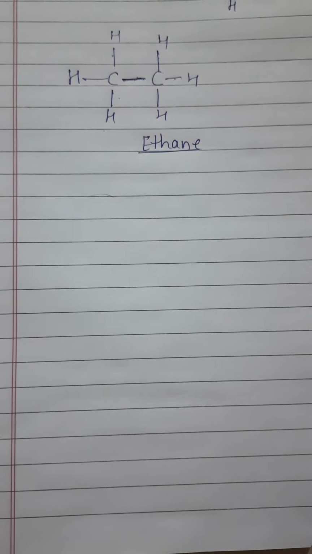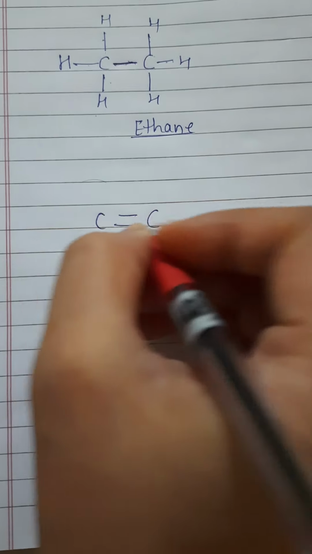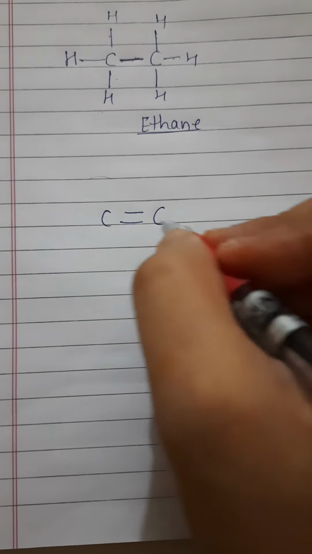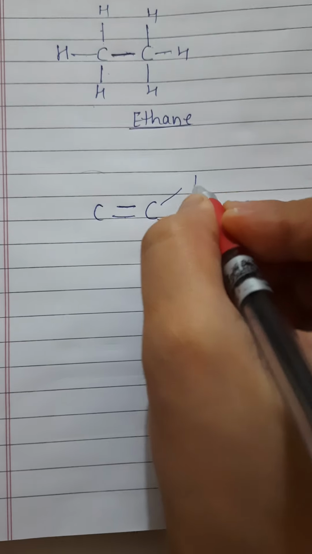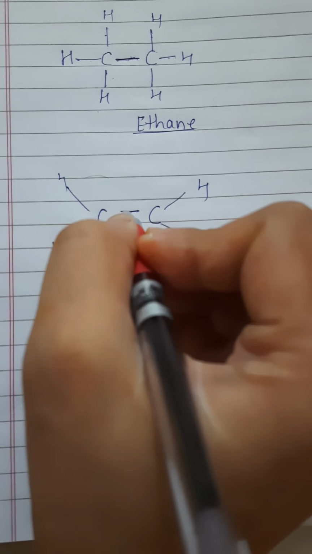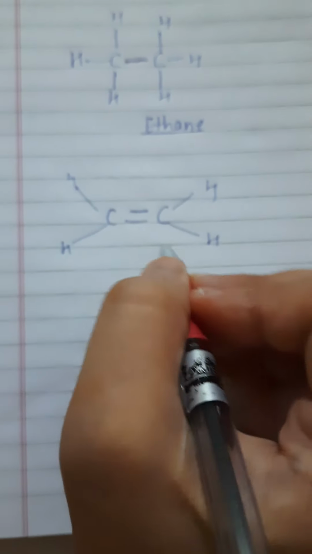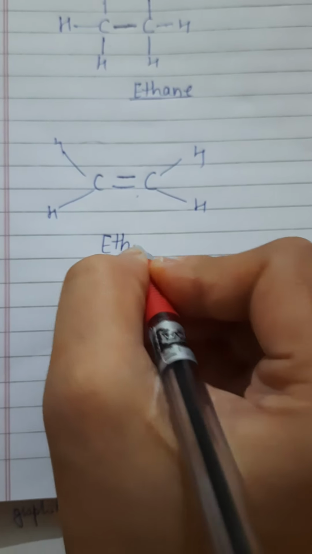Next, ethene and ethyne. When there is a double bond, each carbon still makes 4 bonds, with the remaining bonds to hydrogen. When a double bond is there, it is known as ethene.